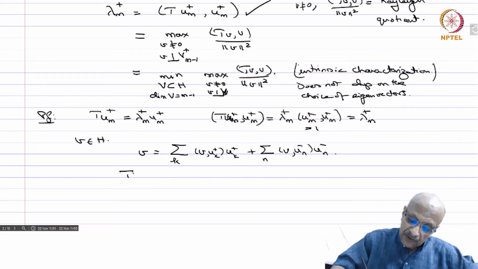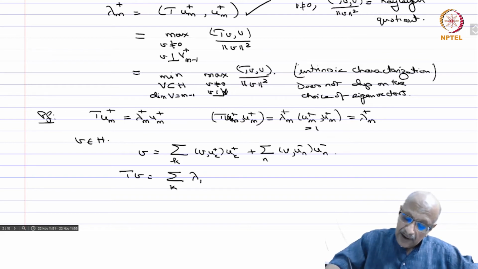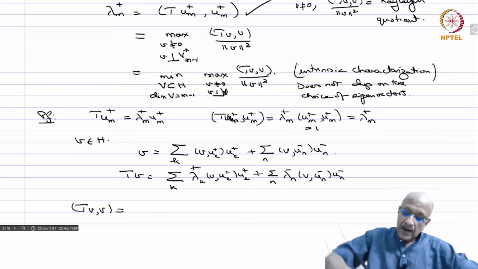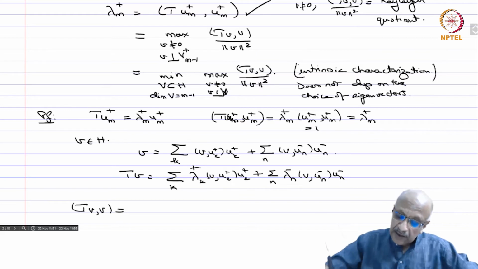And so what is Tv? Tv will be sigma over k lambda_k^+ <v, u_k^+> u_k^+ plus sigma over n lambda_n^- <v, u_n^-> u_n^-. Then you take <Tv, v>. When you take the inner product, all cross terms are going to disappear because of the orthogonality.